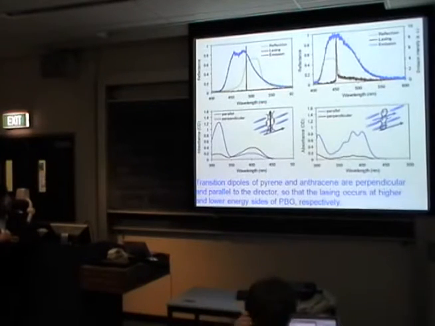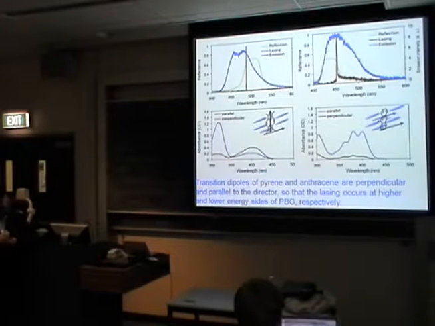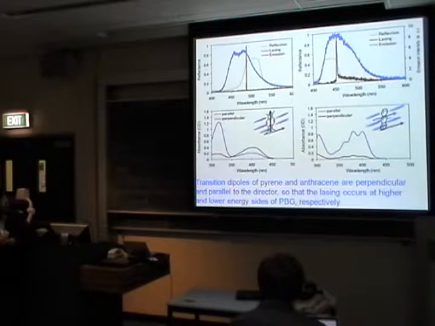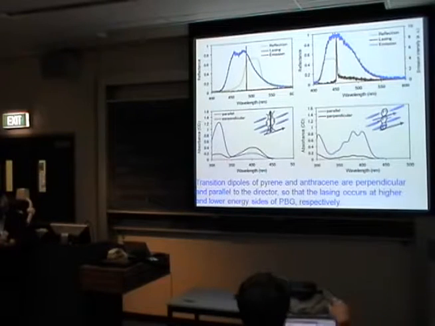So this is another example. Anthracene and pyrene have different dipoles with respect to the nematic director. In the pyrene case, the transition dipole is perpendicular to the nematic director, but in the anthracene case, the transition dipole is along that direction, parallel to the nematic liquid crystal.